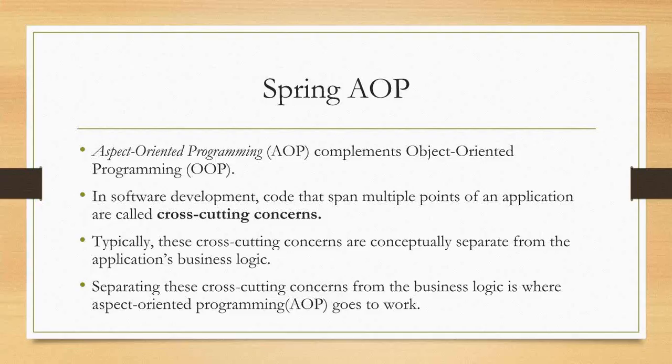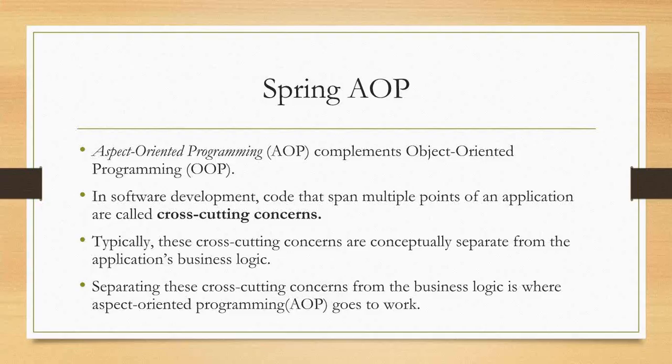You will find that this transaction management code, exception handling, and logging are mixed up with the business logic. So the main aim is to separate that cross-cutting concern code from the application's business logic.